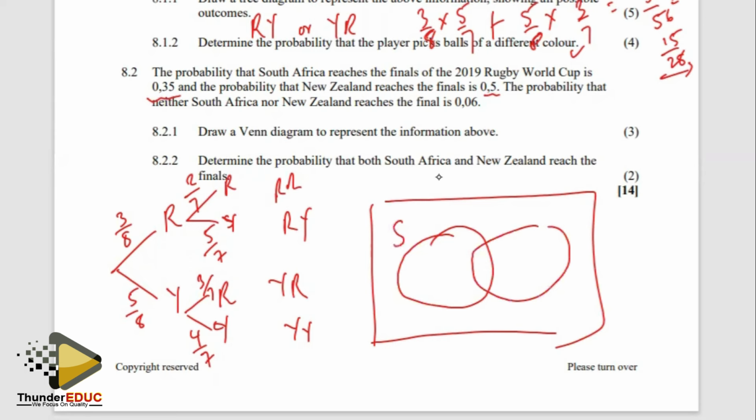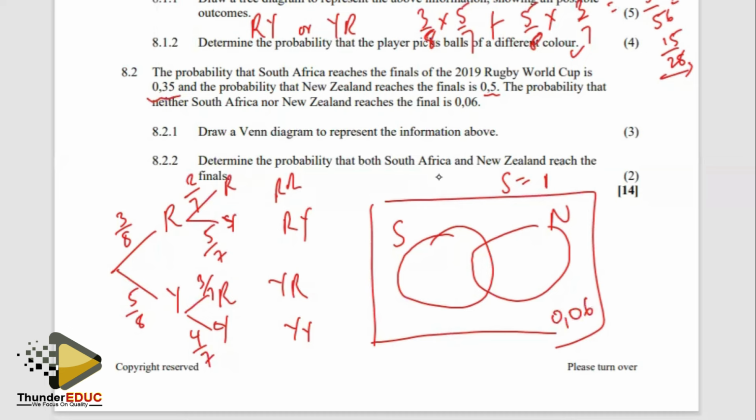I'll use S for South Africa, and then N for New Zealand. Let's use N. Okay, so we know that the sample space here must be just 1, because the total probability should be 1. So neither is 0.06.